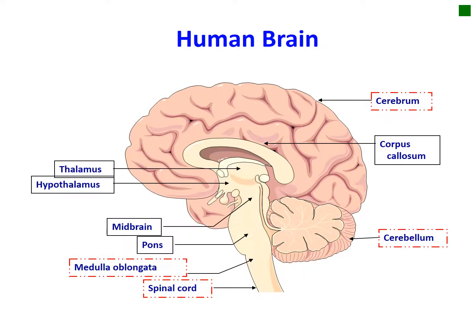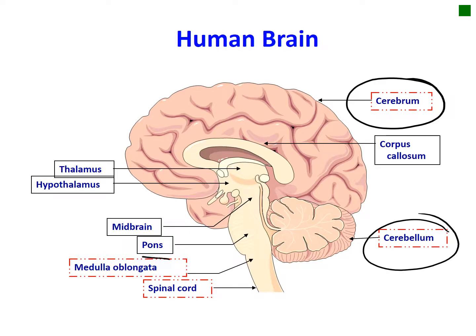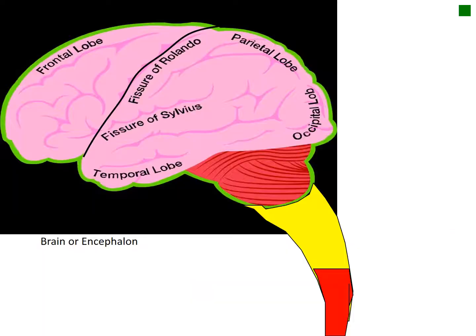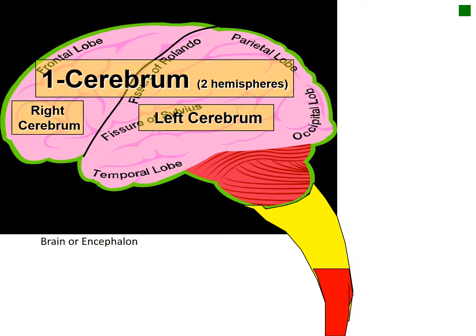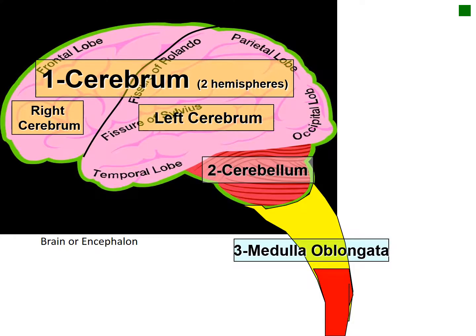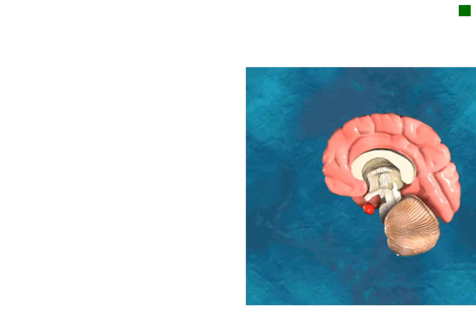The human brain is composed of the cerebrum, the cerebellum, and the medulla oblongata, then the spinal cord. This is the figure showing the parts of the brain. The cerebrum is composed of two hemispheres, right and left, then the cerebellum, and finally the medulla oblongata, which is the connection between the brain and the spinal cord.